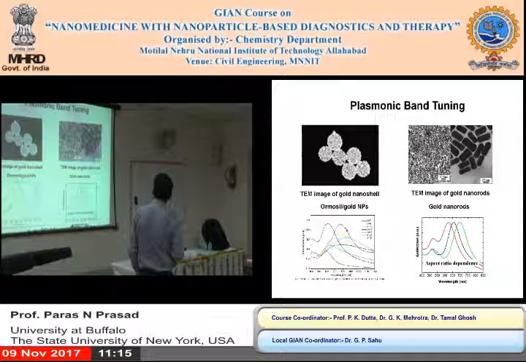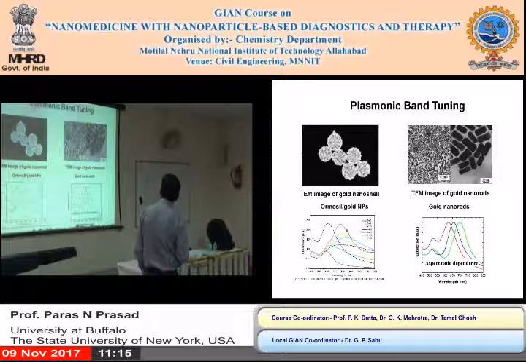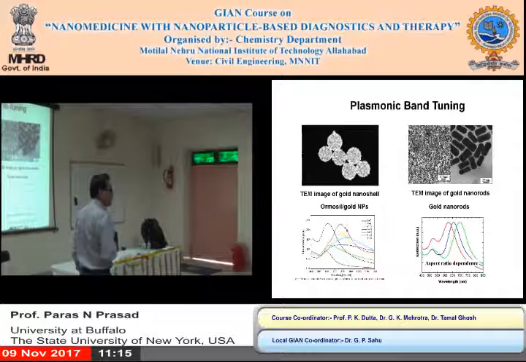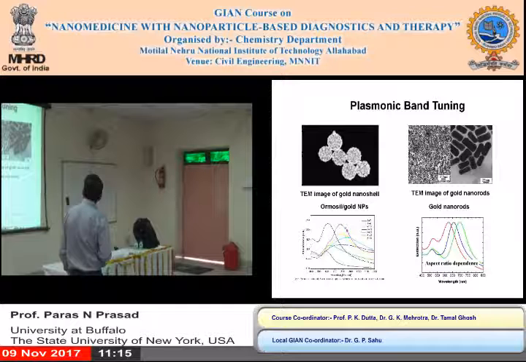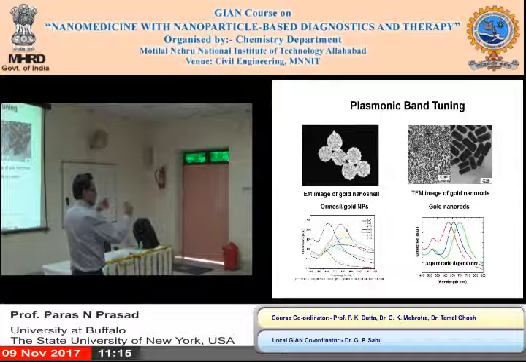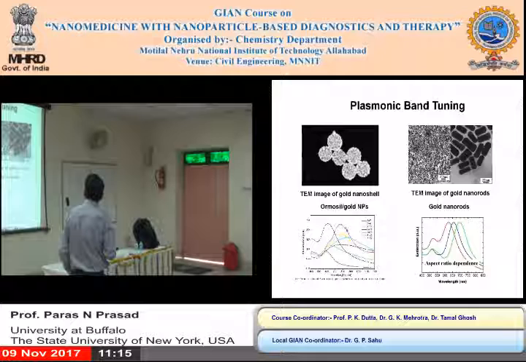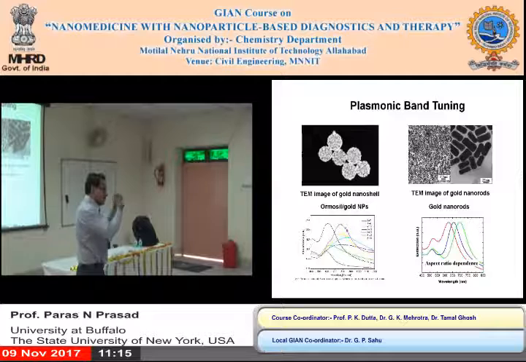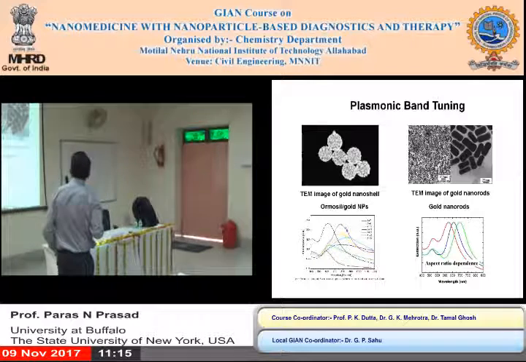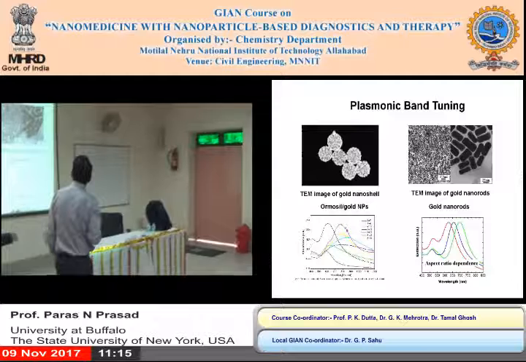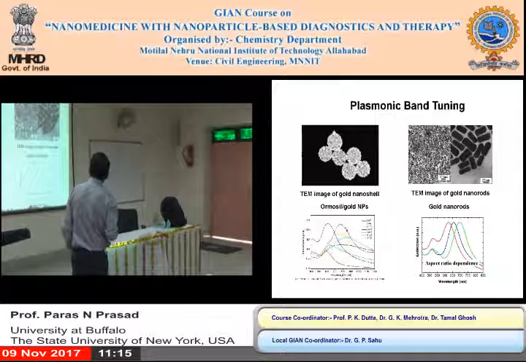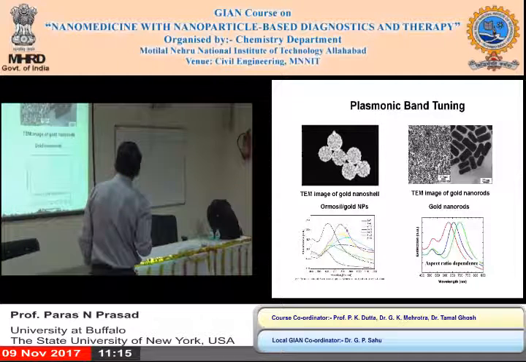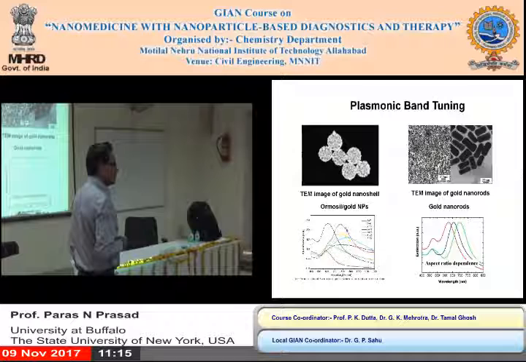The other one is rod shape. When you have a rod shape, the electrons are confined differently in different directions. In the longitudinal direction, the electrons can move around over a much longer distance, whereas in the transverse direction, they are confined only to a cross section, right? So in this case there are two plasmon resonances, one for the longitudinal and one for the transverse, the free charge oscillating in this direction.